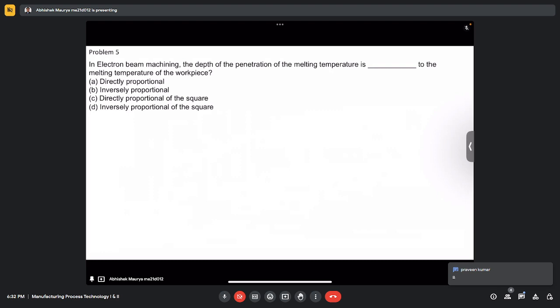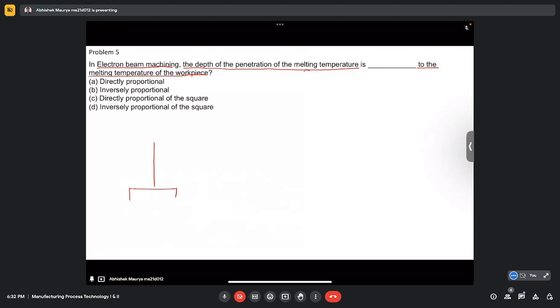So basically, what has been asked in the problem in electron beam machining, the depth of penetration of the melting temperature is. We have to fill in the blanks to the melting temperature of the workpiece. So in electron beam machining, what happens? This is the workpiece.